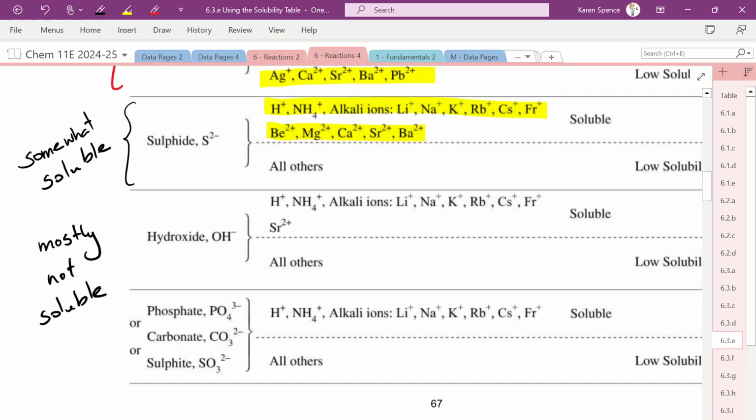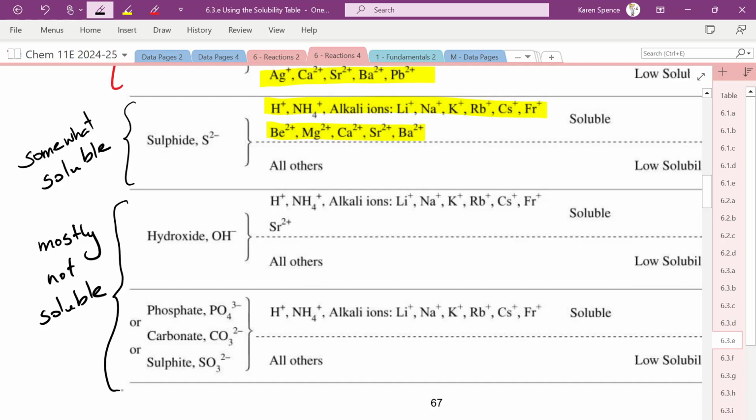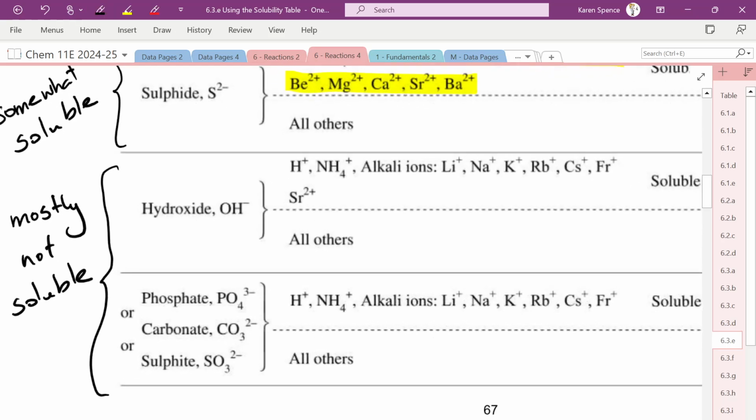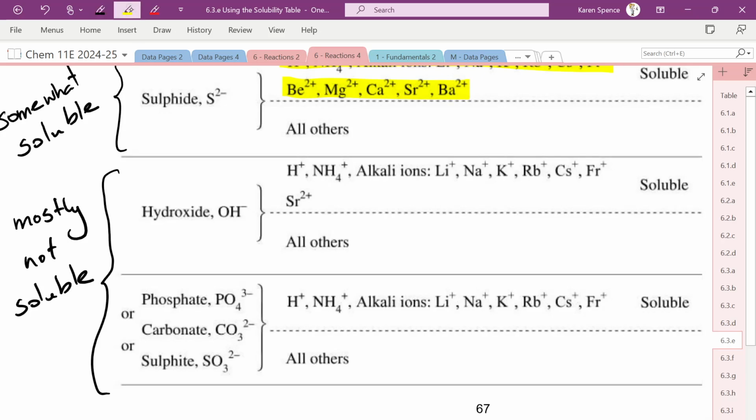That category is these guys down here, because hydroxide is really only the alkalis, ammonium, hydrogen, and then 1 extra, strontium. And when you get to phosphate, carbonate, and sulfite, we get rid of the strontium and we only have these. Most hydroxides are low solubility.